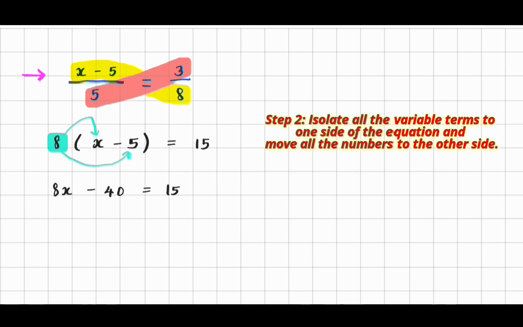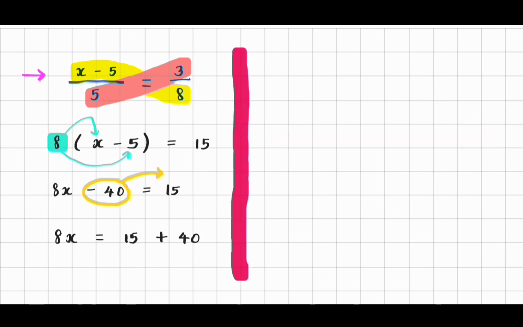Isolate all the variable terms to one side of the equation and move all the numbers to the other side. Here I can see only one variable term, 8x. So let's hold the 8x and bring this negative 40 to that side. We get 8x equals, first write whatever is already on this side, that is 15. And if we bring this negative 40 to that side, it becomes plus 40. Consequently we get 8x equals 55.